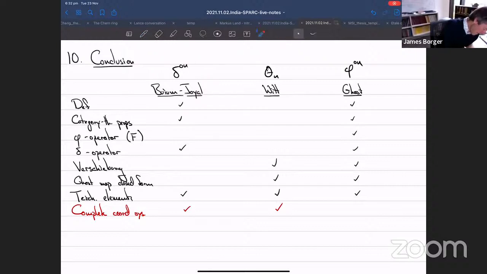So in terms of the definition, to define the Witt vectors and have all the functorial algebraic properties, maybe I should call this the conceptual definition, the Buium-Joyal components, the delta components, are nice, and the Gauss components are great in every respect, except they don't form a complete coordinate system. They only work well when P is invertible, which in some sense invalidates them.